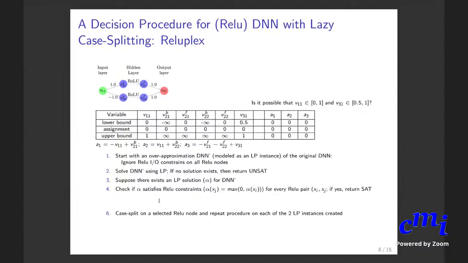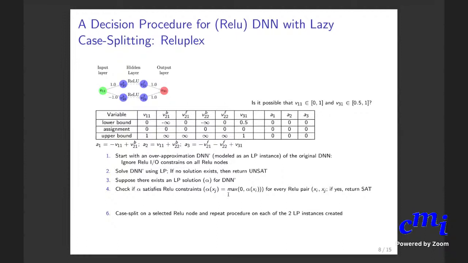If alpha satisfies all the ReLU constraints, what is the ReLU constraint? You will have to check if the LP solution that you get satisfies the ReLU constraint for the variables that define the input and the output of each ReLU node. I call that the ReLU pair of variables, the values that are assigned by the LP solver.